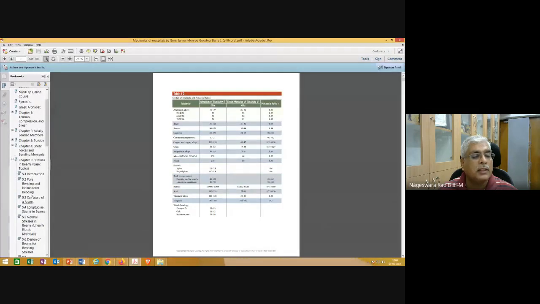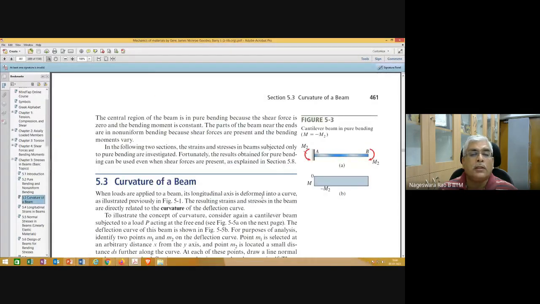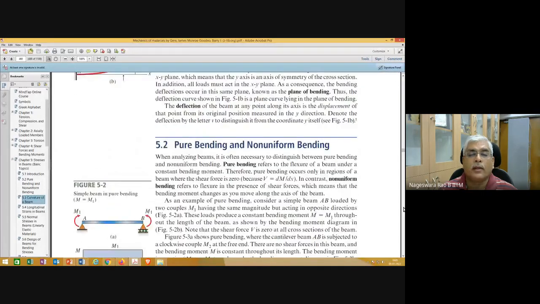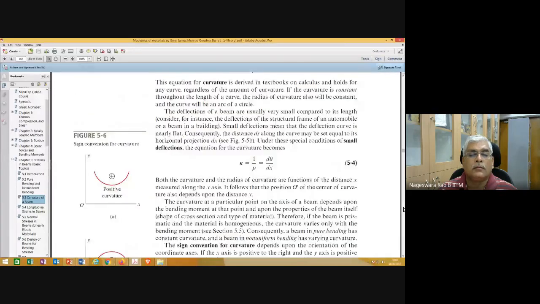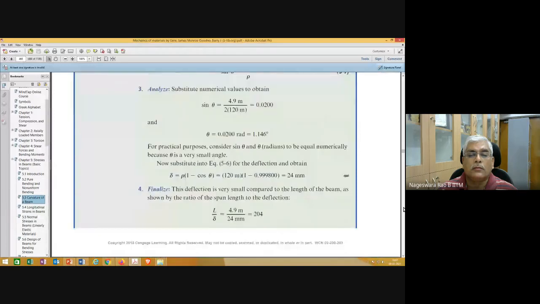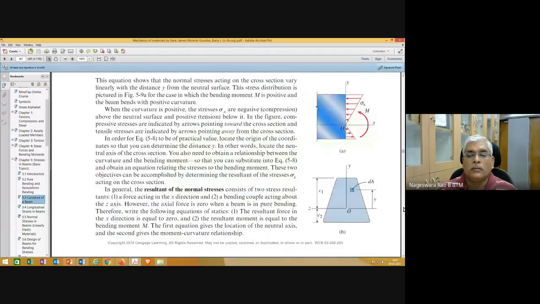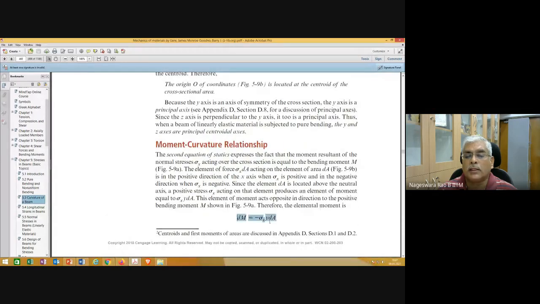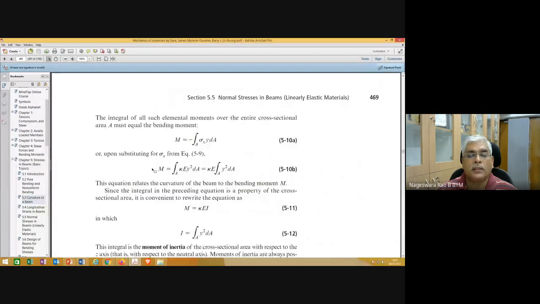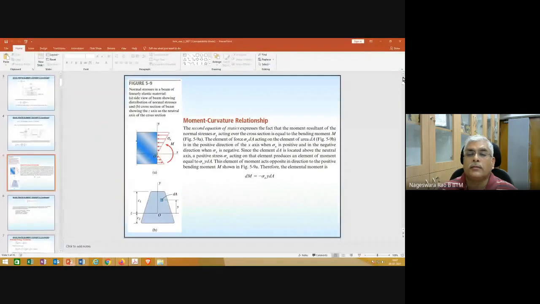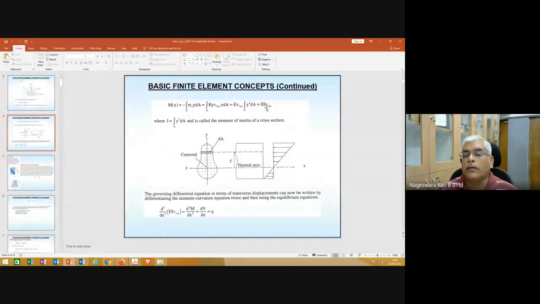And then if you see this, all these relations are given here. How this relation is obtained, the moment curvature relation, and when you do integration, this is what you get, and that is exactly what we have noted here.